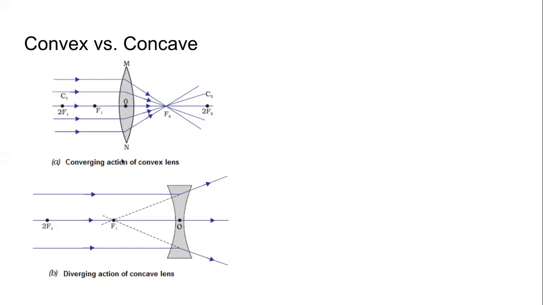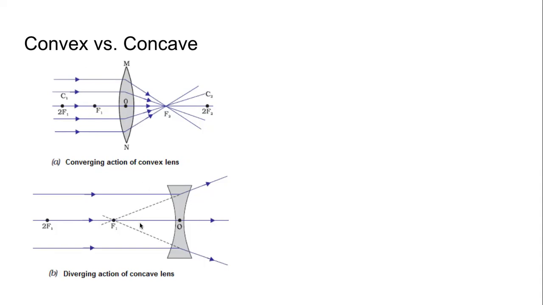In case of a convex lens, the focus is on the other side of the lens. But in case of the concave lens, the focus is on the same side of the lens. Both are foci, F1, F2, with respect to the spheres that they are formed of. But practically speaking, if the light is coming from the left hand side, in case of a convex lens, the focus will be on the right hand side.